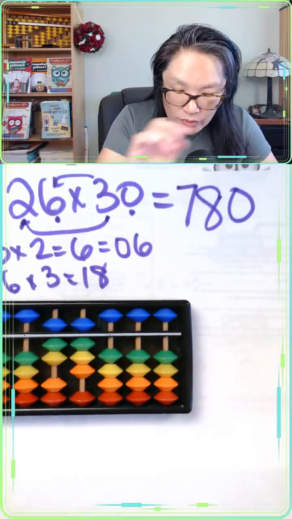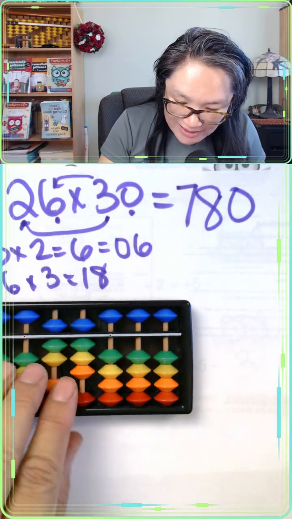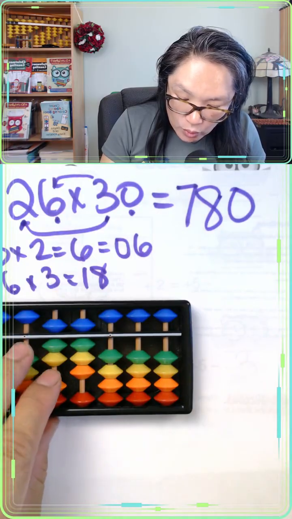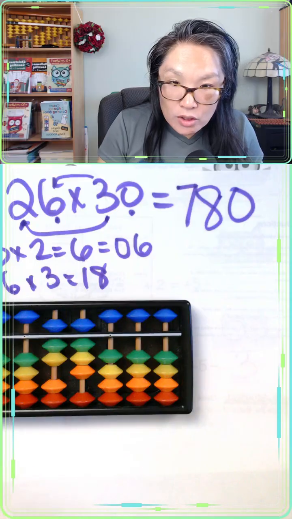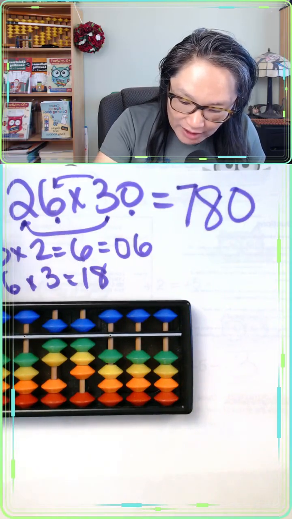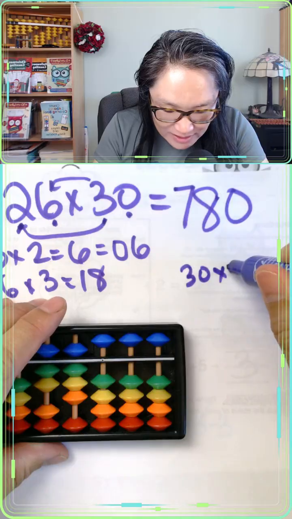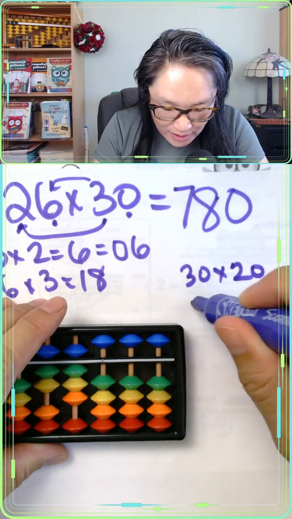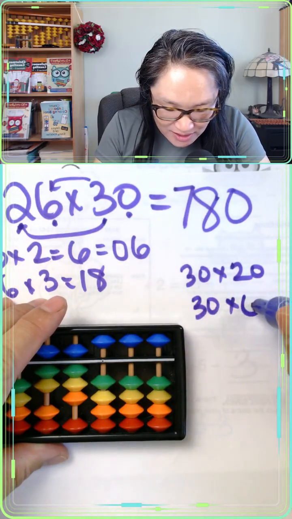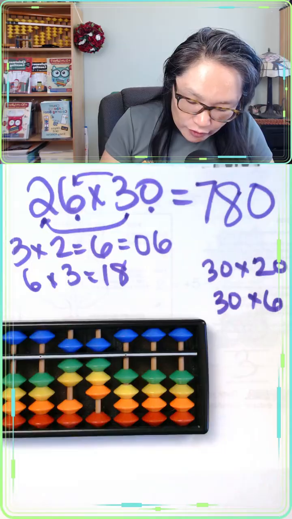Because why? The reason why is because you count the digits. If you count your digits, the abacus will hold your place values. You don't have to worry about place values. You just need to know your multiplication table. You don't need to say 30 times 20, and you don't need to say 30 times 6, because the abacus keeps track for you.